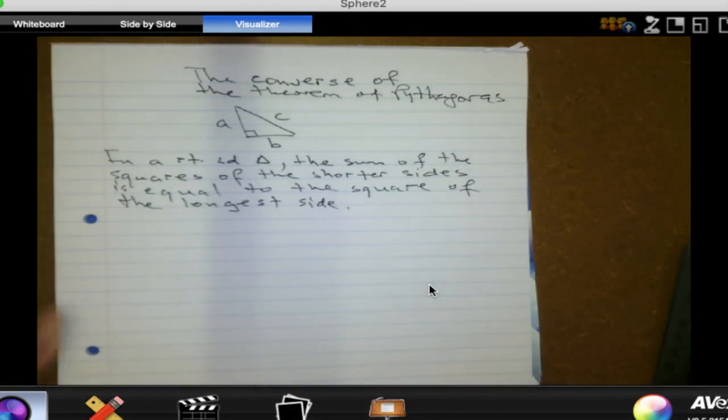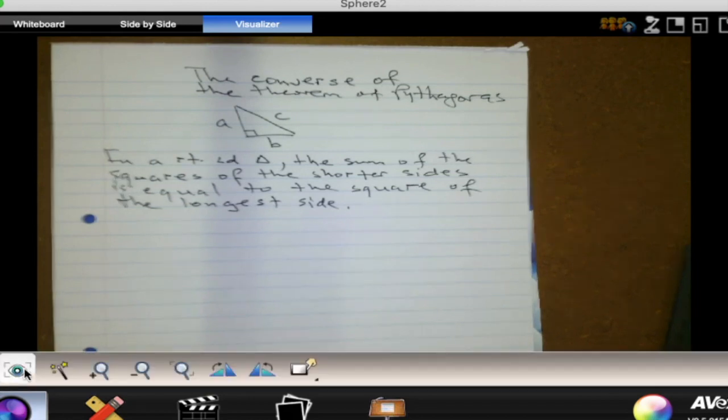So this is a theorem. We're just stating some facts which can actually be proved.